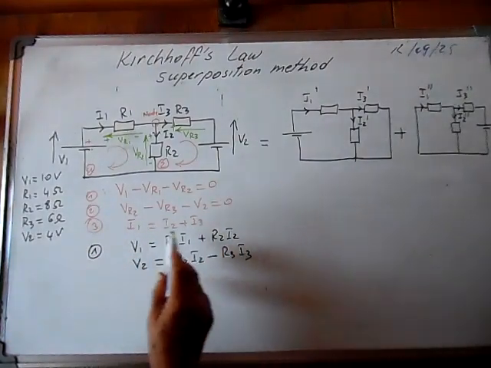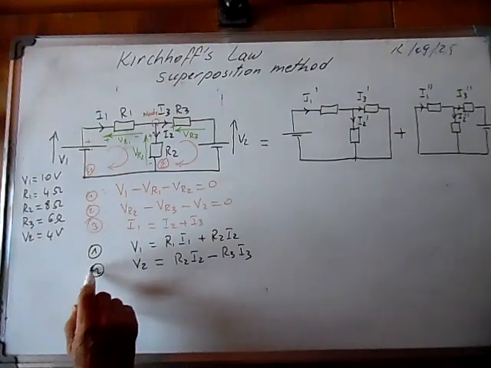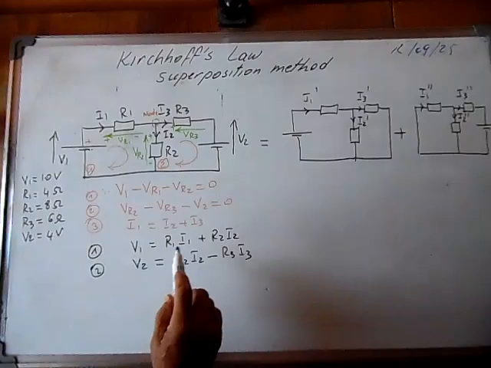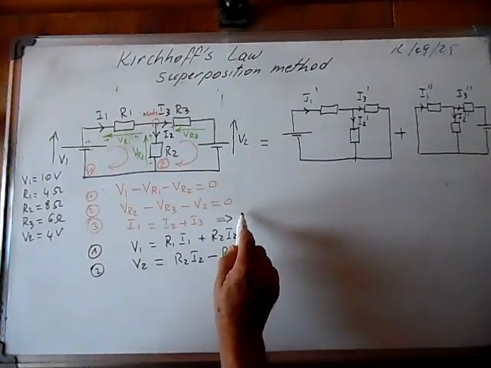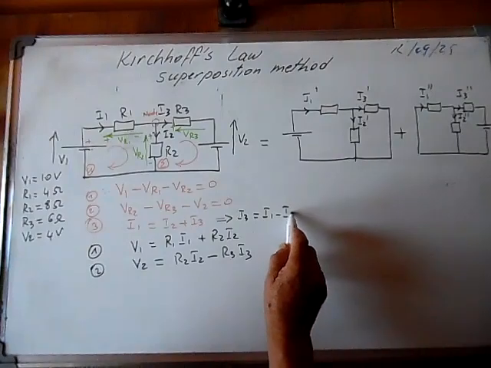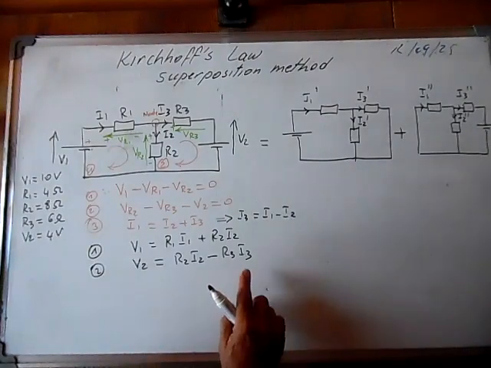We have a system of equations, but we have too many unknowns. We have to replace one of them. For example, if you take I3, replace it with I1 minus I2, we will get something like this.